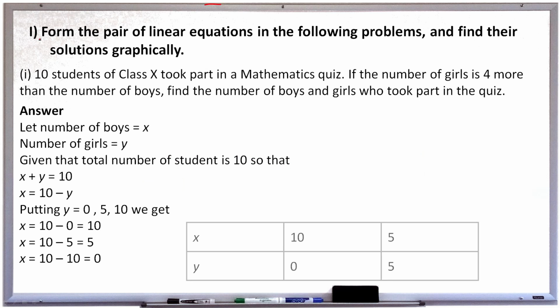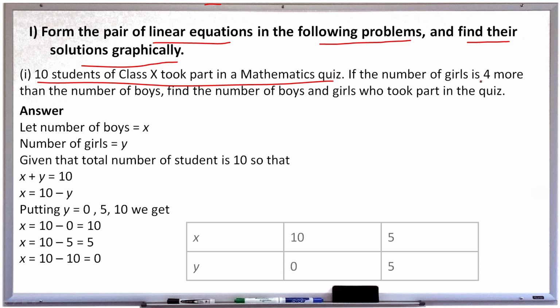Question number 1. Form the pair of linear equations in the following problems and find their solution graphically. We are going to see the solution graphically, so we have to solve and get the answer. First, question number 1: 10 students of class 10 took part in a mathematics quiz.